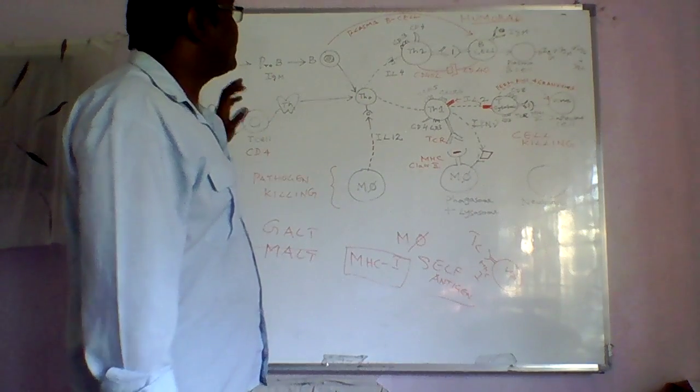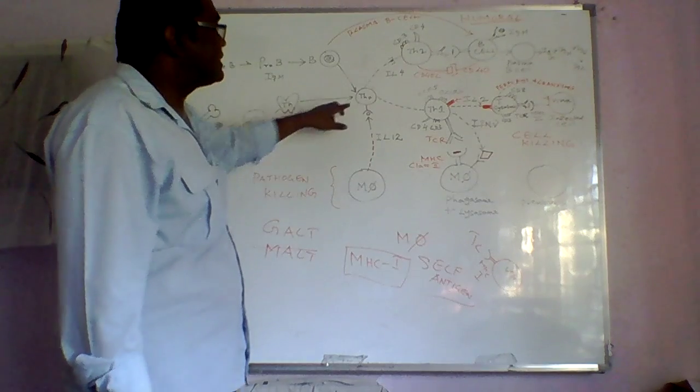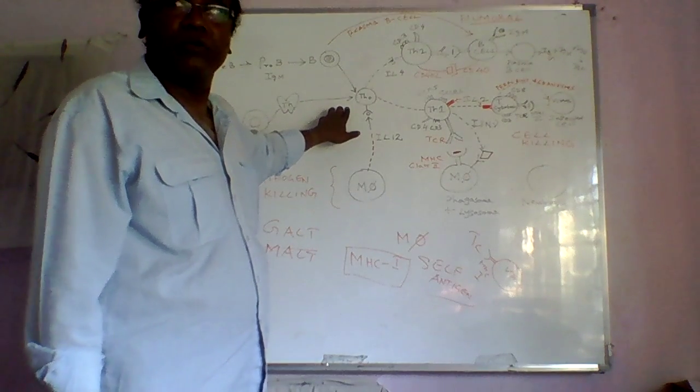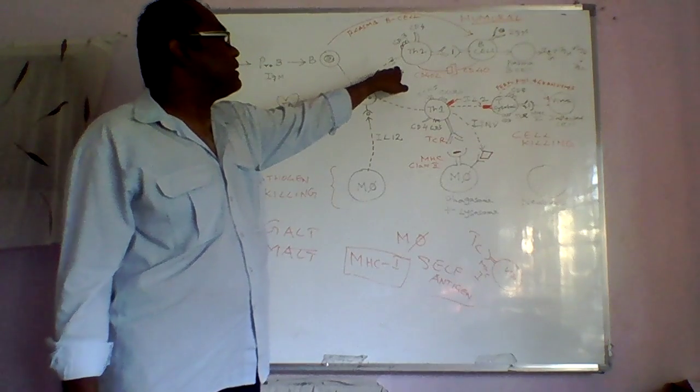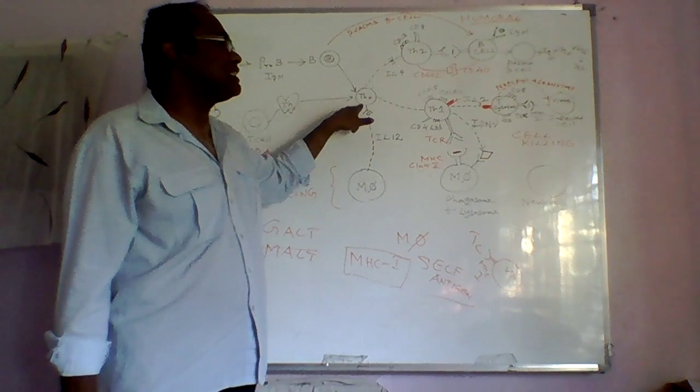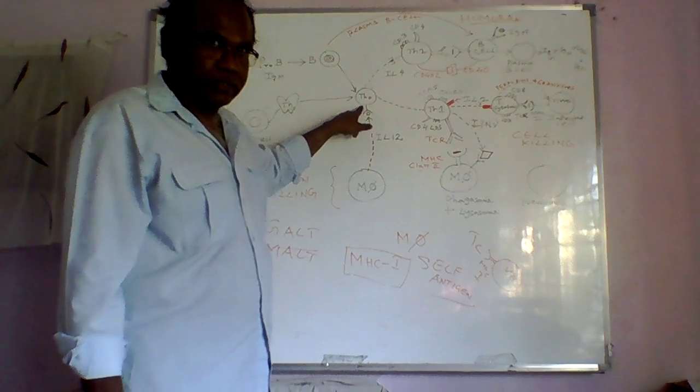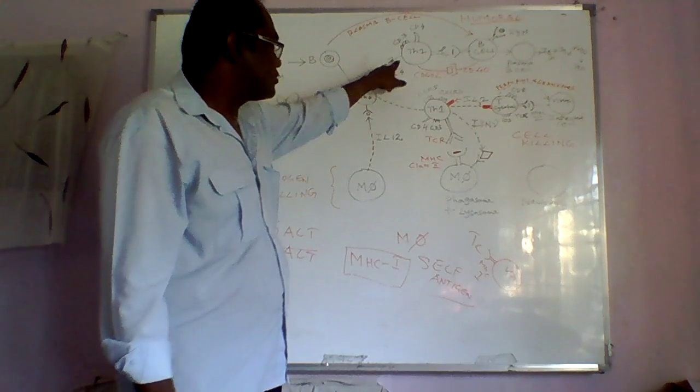Now, what happens over here is there is a release of another interleukin called IL4. So this Th2 has a receptor which will recognize this IL4 released by the Th0, which is the naive cell, and this has to match.